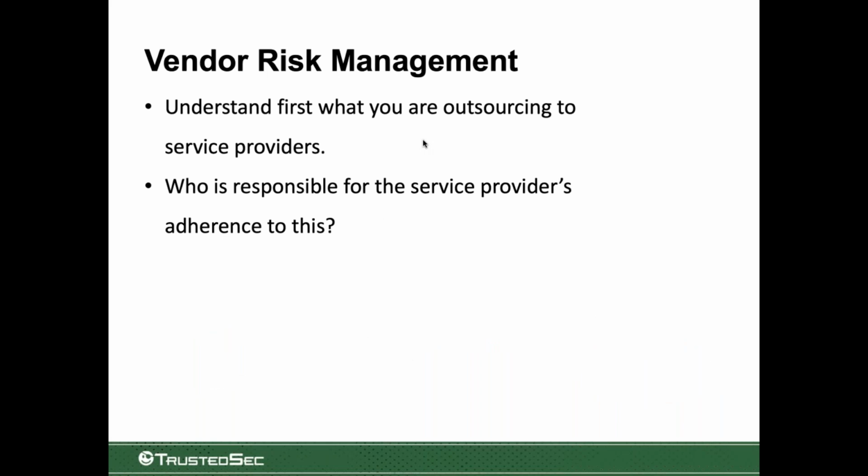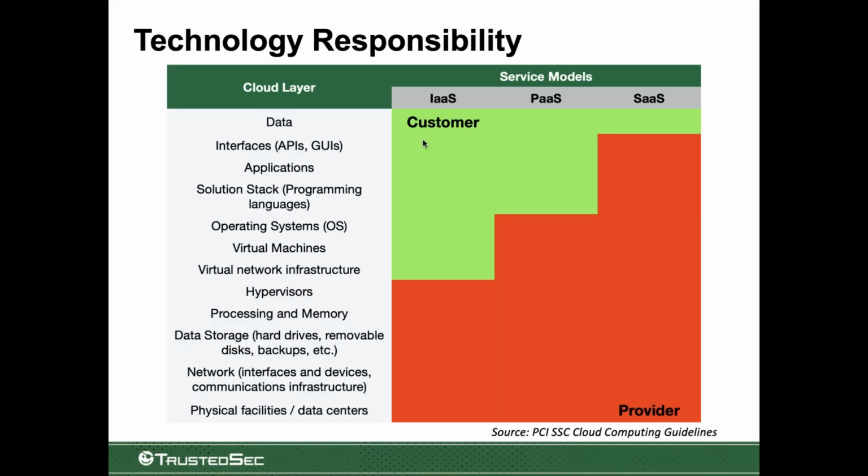So first off, technology responsibilities. This is a chart that we got from the PCI Council. They released cloud computing guidelines, and I thought it was pretty good to start off with. When you're engaging with these different types of models, it can be a combination of a number of different things, whether it includes the data you're responsible for, the interfaces, the programming languages, solution stacks, the OS.